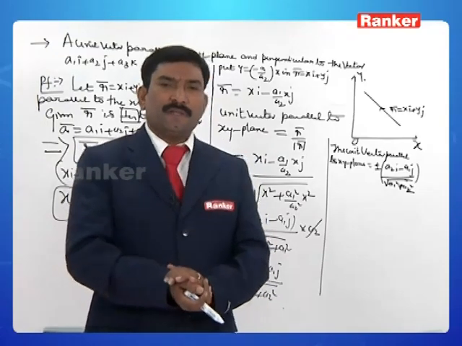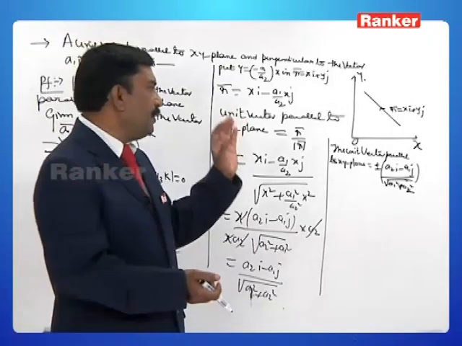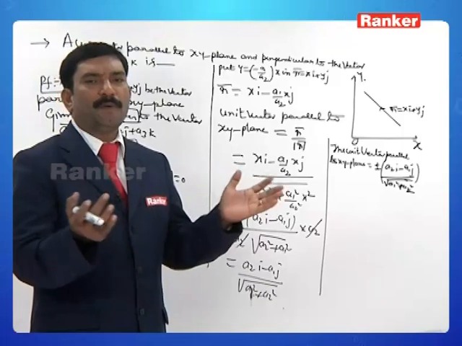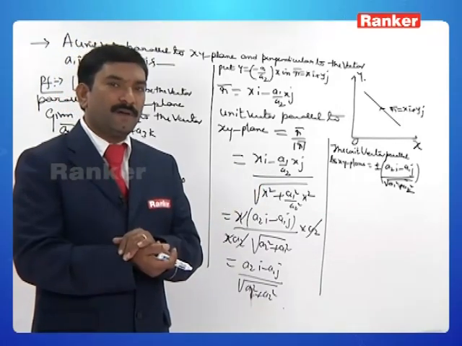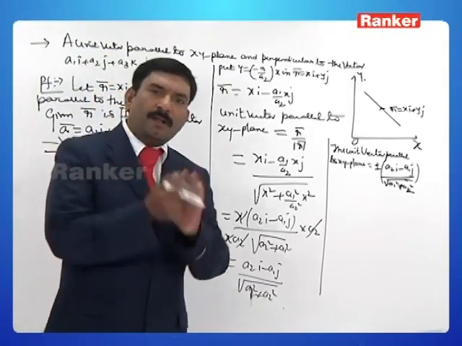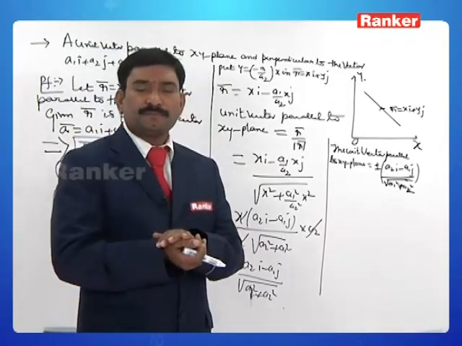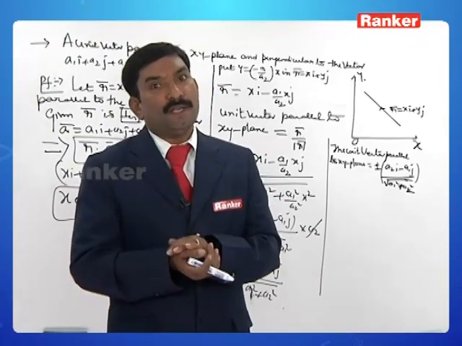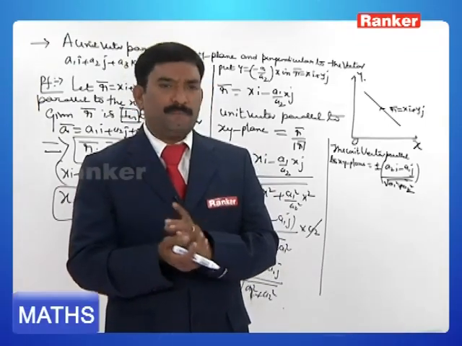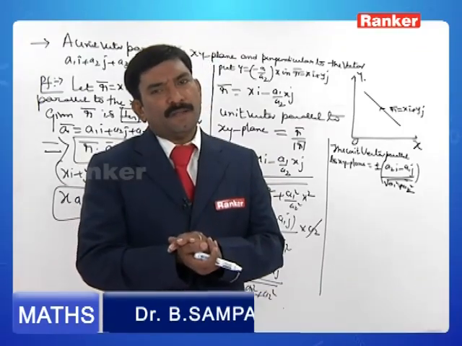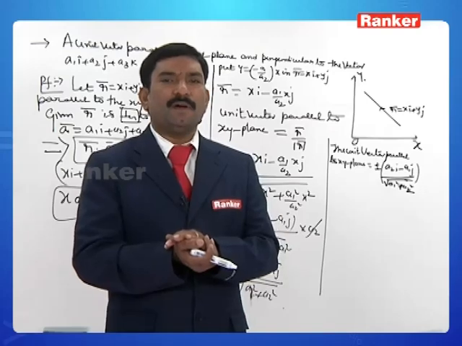So therefore, the context is, this is a vector parallel to xy plane and perpendicular to a bar. In the same fashion, he may ask you to find out the vector parallel to yz plane perpendicular to a bar, parallel to zx plane perpendicular to a bar.